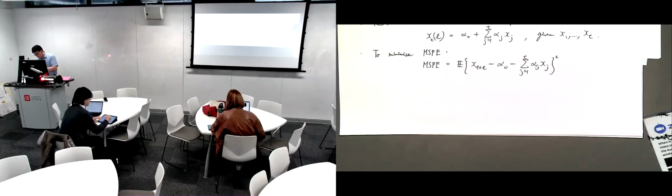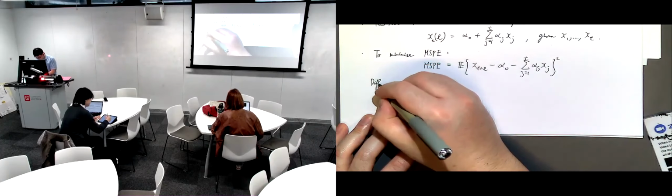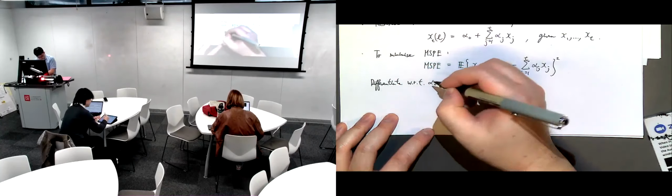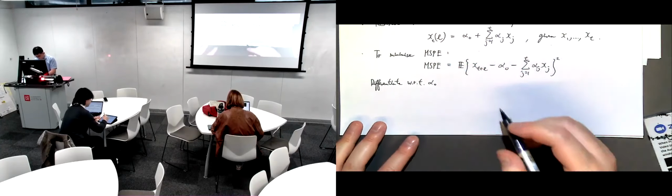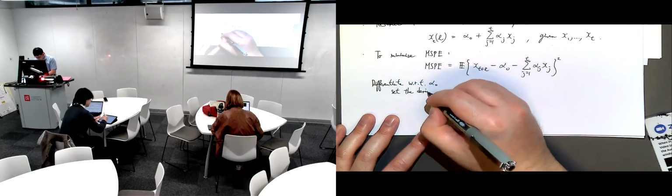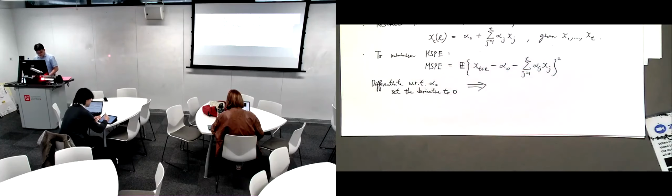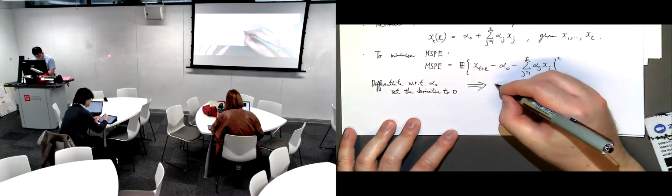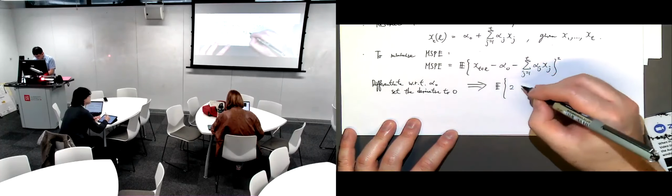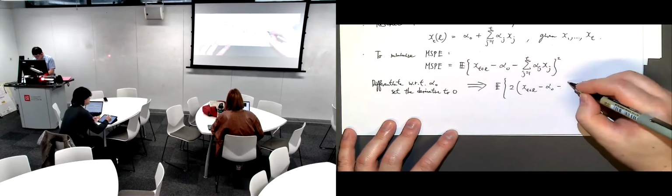Again, you can do something about estimating this alpha_0 and alpha_j theoretically. If you differentiate with respect to alpha_0 first and set its derivative to 0, then this is what you get. Let me do this quicker. This is 2 times (X_{t+L} minus alpha_0 minus the sum).